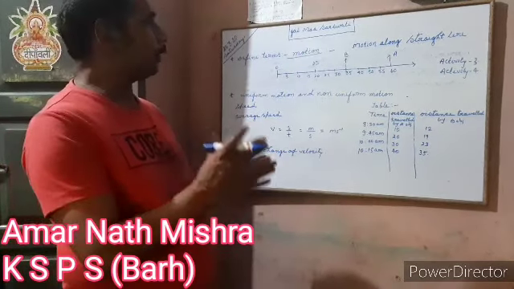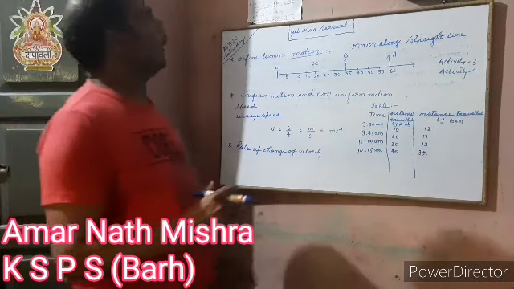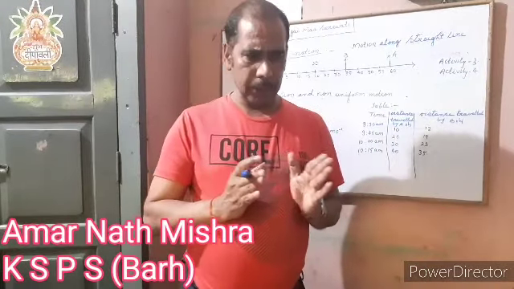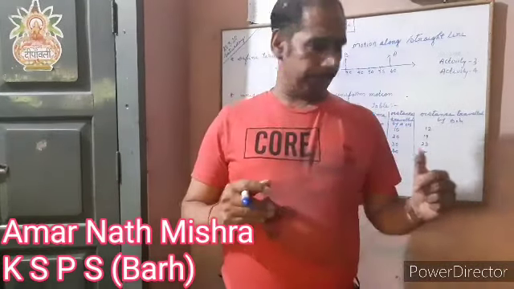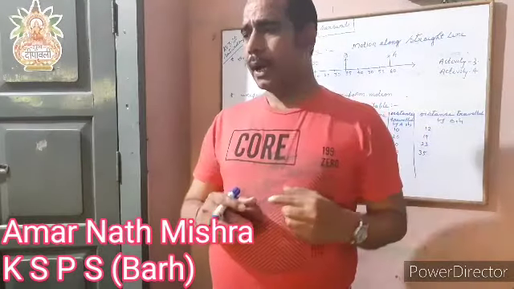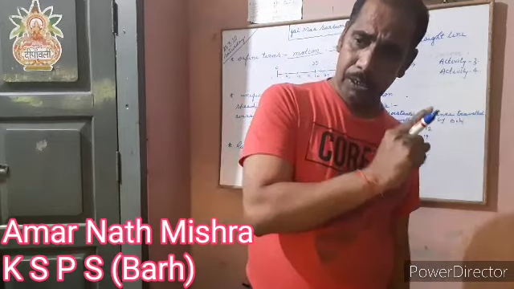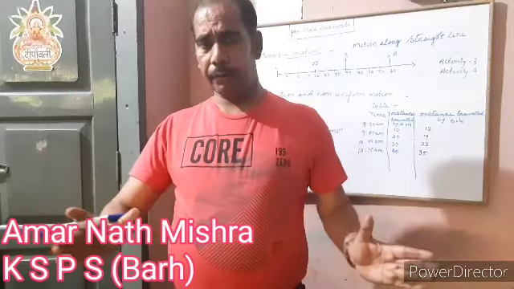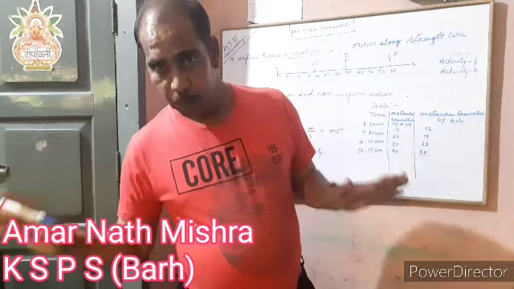Then we are going to explain activity number 3. Take a meter scale. Then measure where you are standing, and go from one corner to the other corner. After that, measure this side corner and that side corner, that means opposite corners. Then you will find there are some differences in that motion.